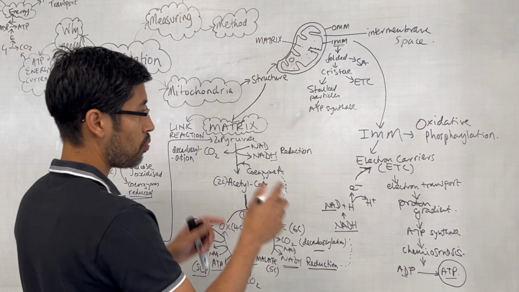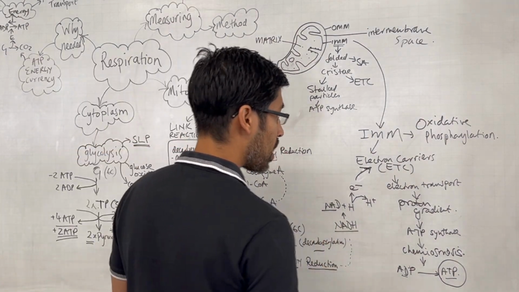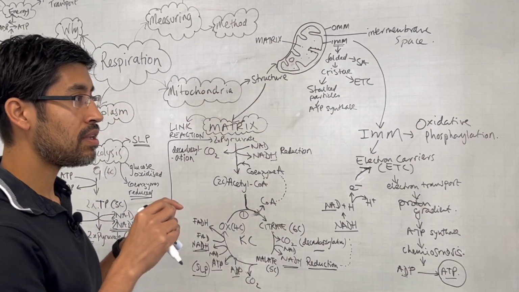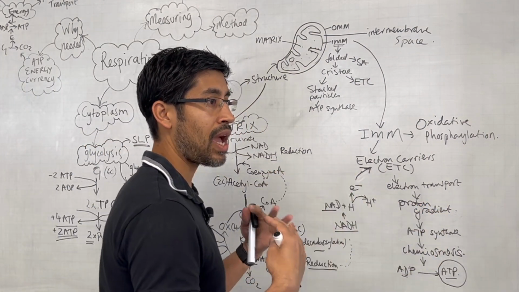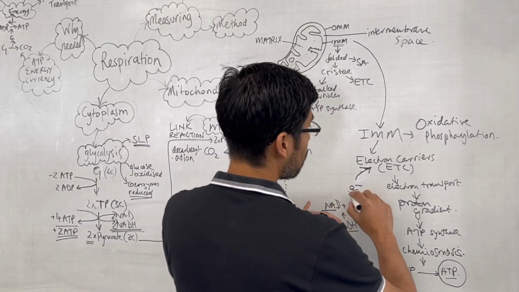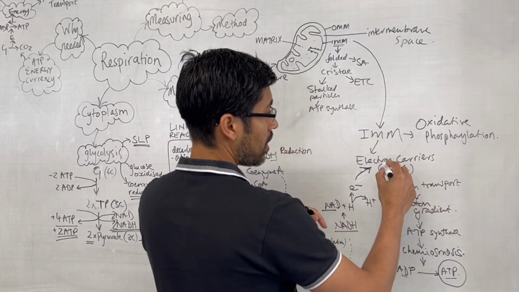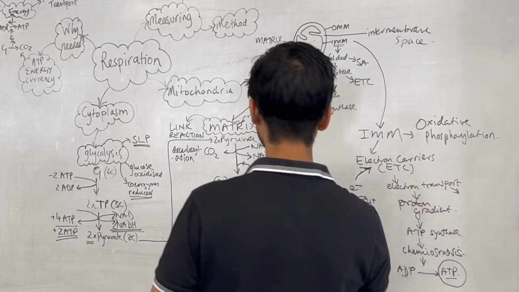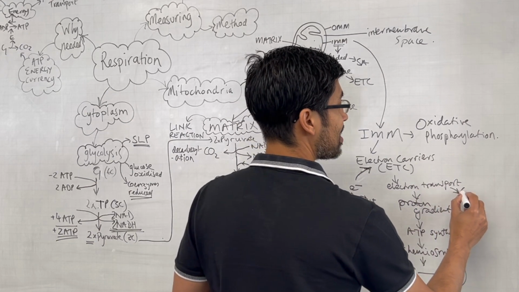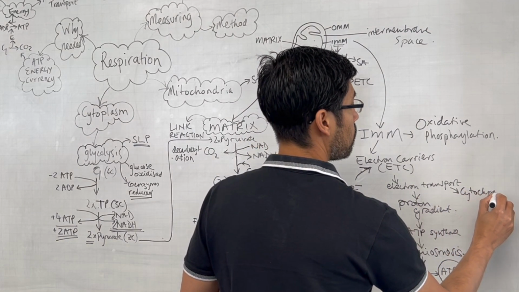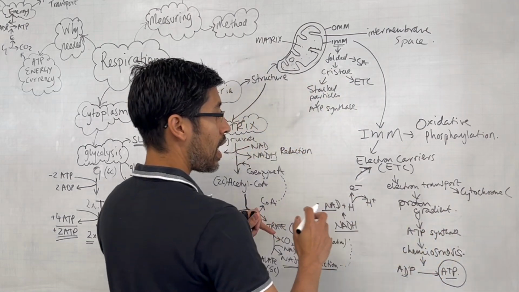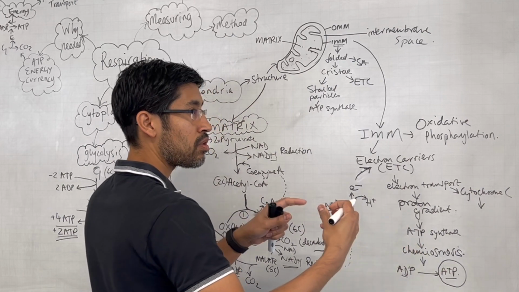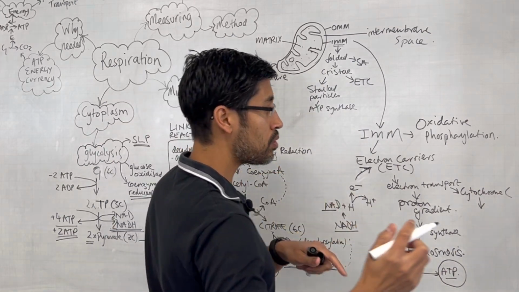Now, where do the electrons go? So they are flowing, but they're not just being chucked out. Electrons don't work like that. They really need a place to be carried. So the electrons go through the electron carriers, and at the end of the electron transport, the last electron carrier is cytochrome C, and it is cytochrome C that combines electrons with oxygen and protons.